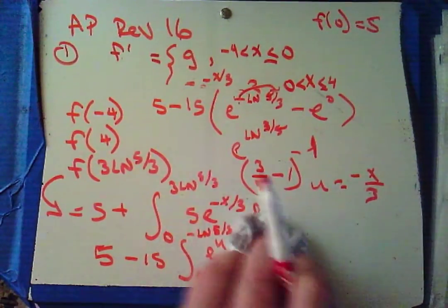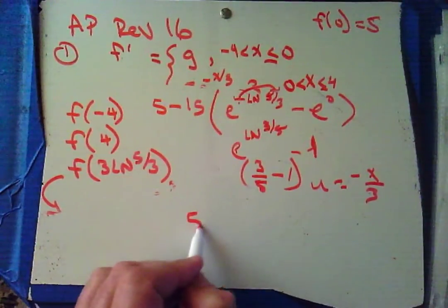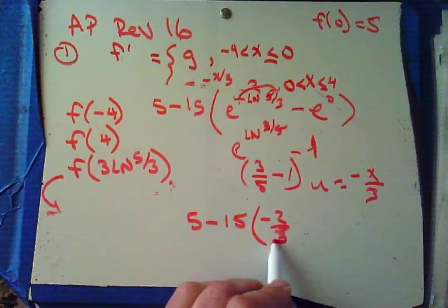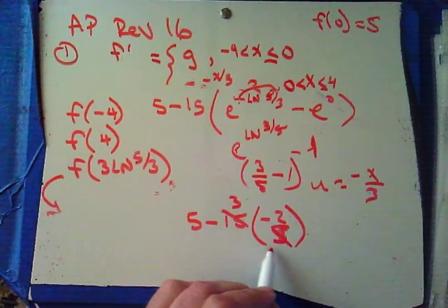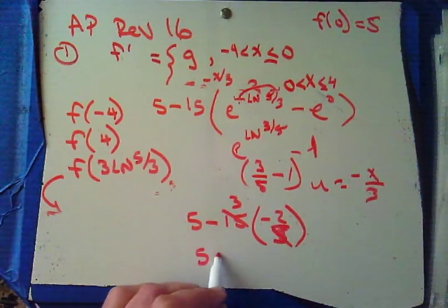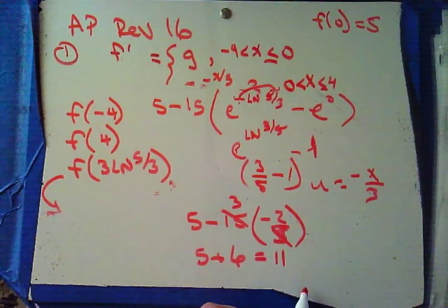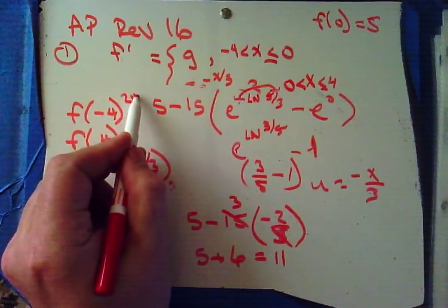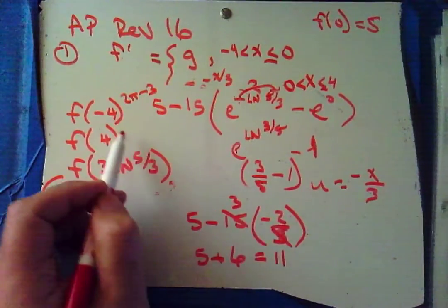And so now I'm looking at 5 minus 15 times negative 2/5. Okay, these cancel, and I'm left with a 3 here, and I get 5 plus 6, or 11. And I believe 11 was greater than the 2 pi minus 3, which I got here. I mean, this is 6 minus 3, that's 3-ish.